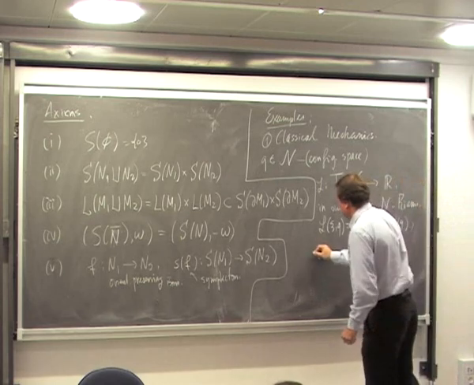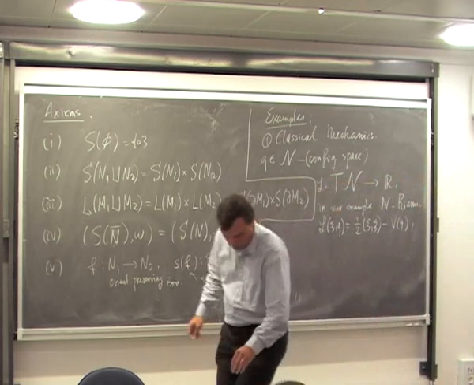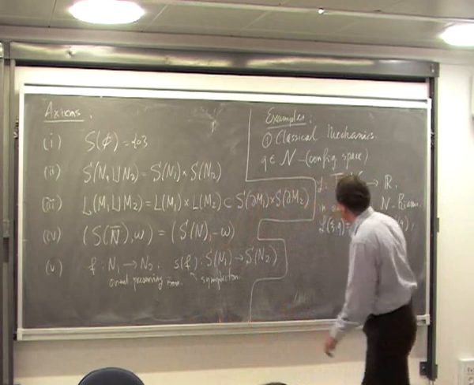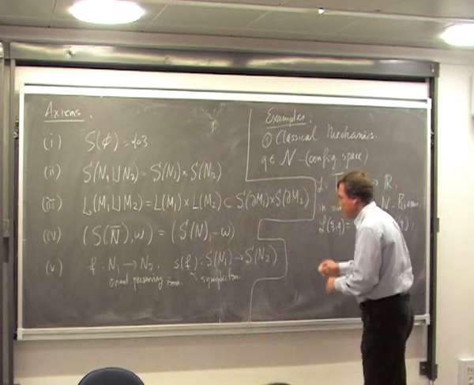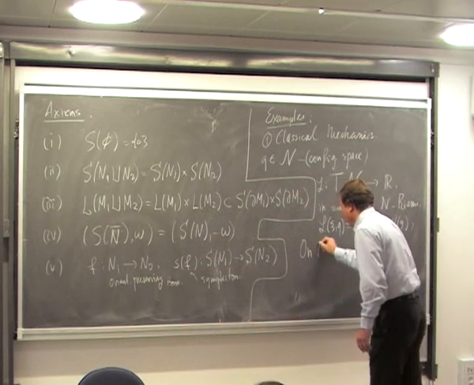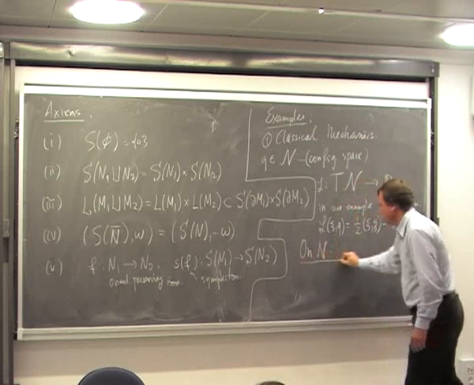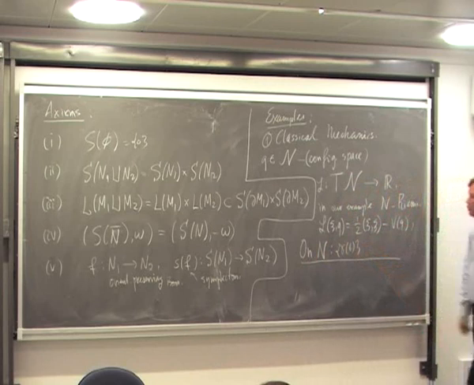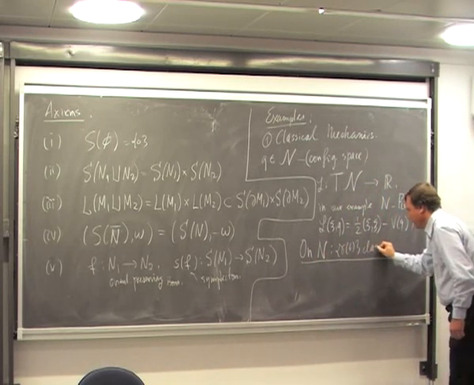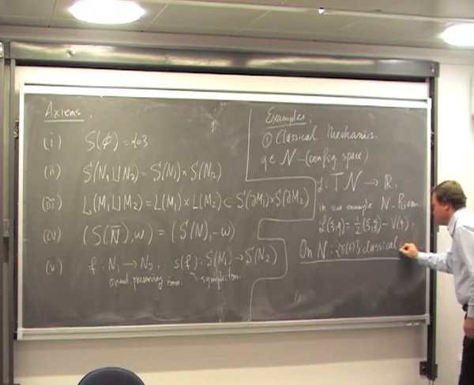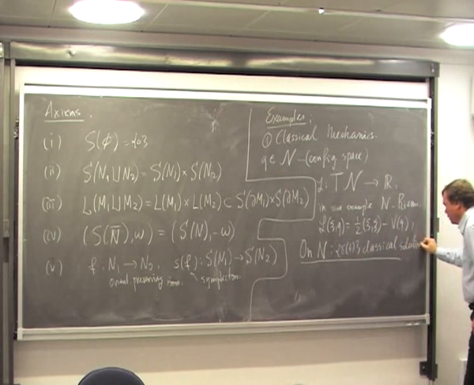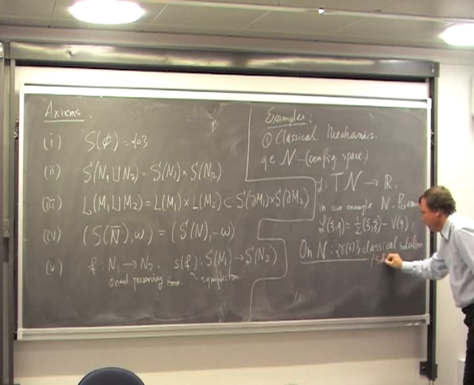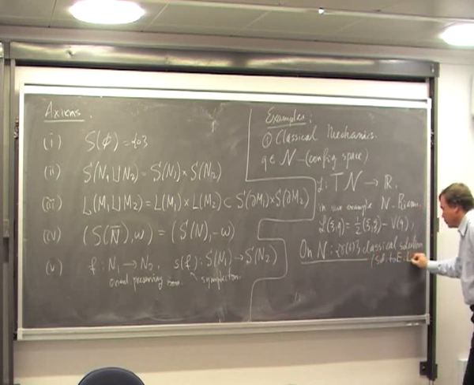So now let's see what we have on N. We have the classical solutions, which are solutions to the Euler-Lagrange equations.